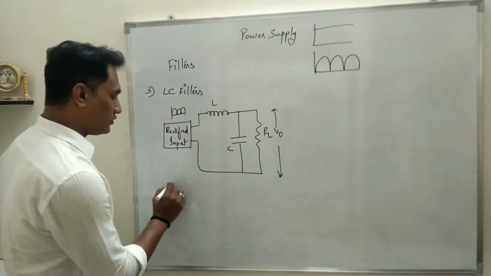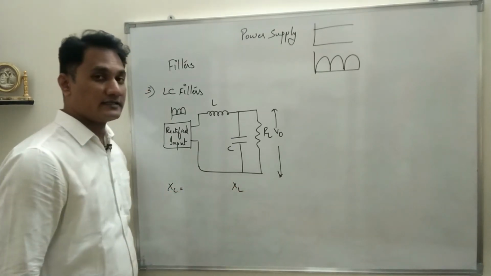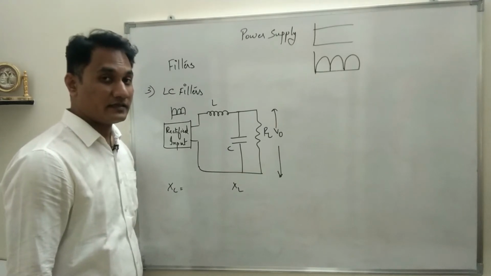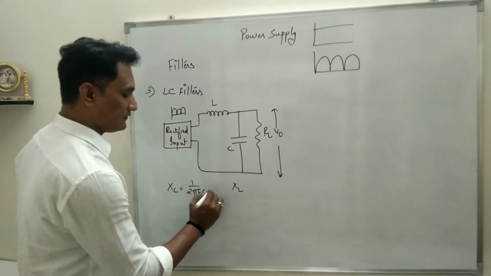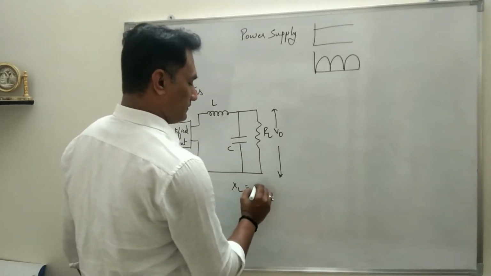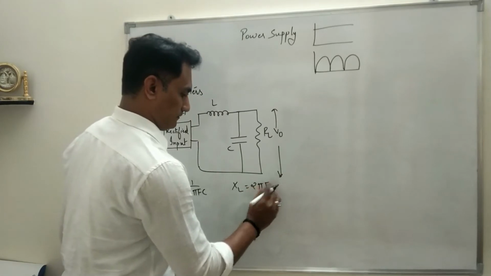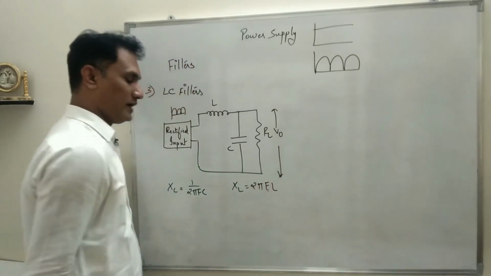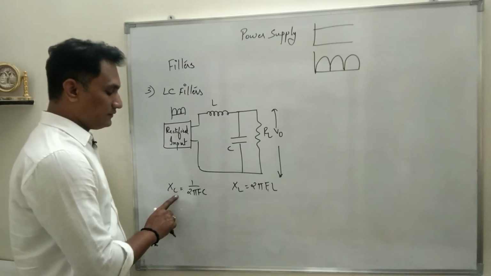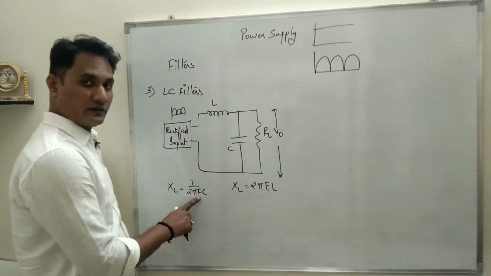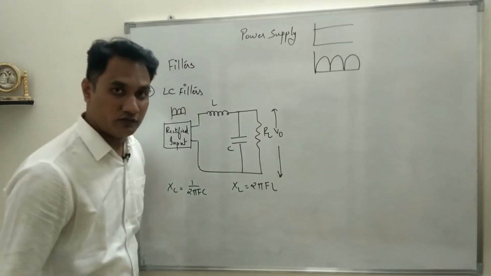You have to remember two formulas, XC and XL. What is the formula for XC? Capacitive reactance is 1/2 pi FC. XL, inductive reactance, is 2 pi FL. Okay, so capacitive reactance is inversely proportional to frequency. Inductive reactance is directly proportional to frequency.